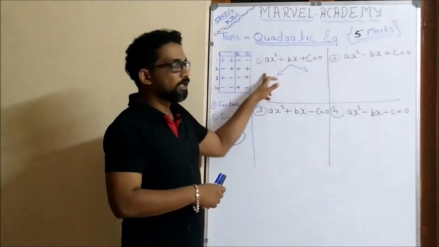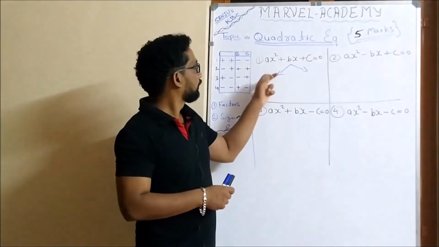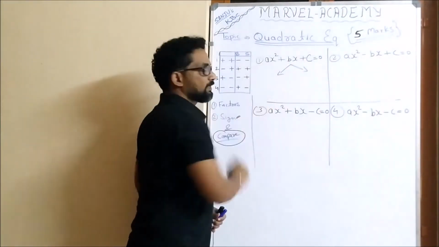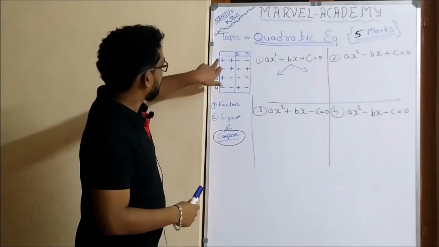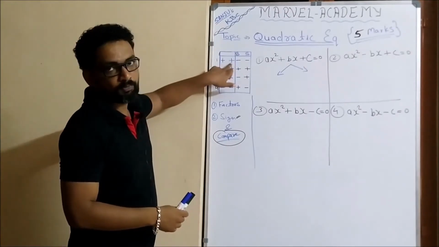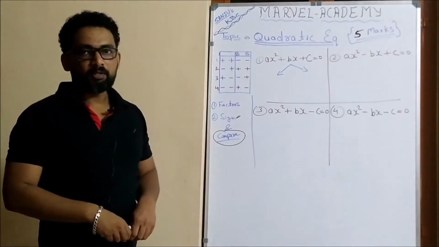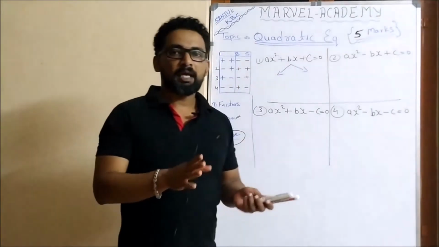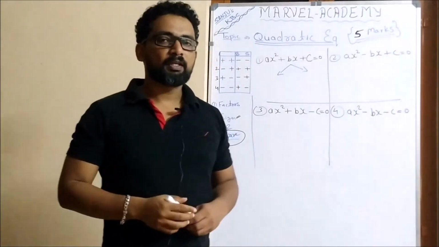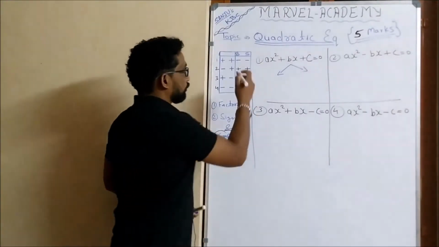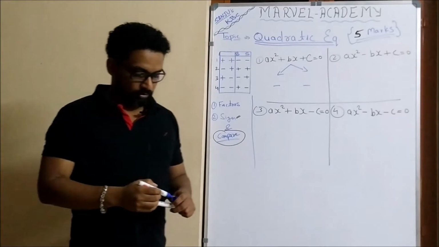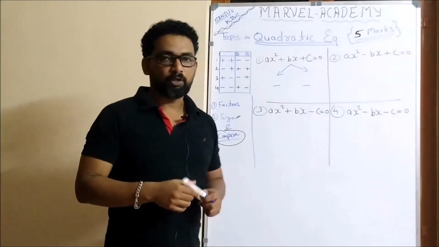In our first equation, the 2 signs are positive and positive. So our resultant should be negative and negative, both the bigger value as well as the smaller value should be negative.